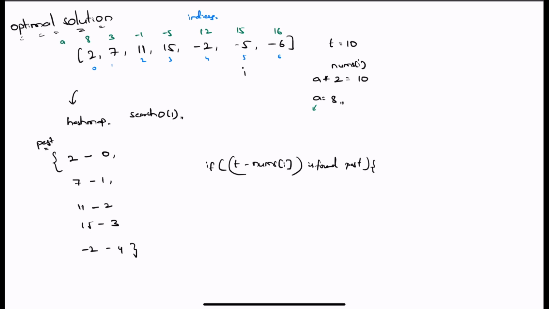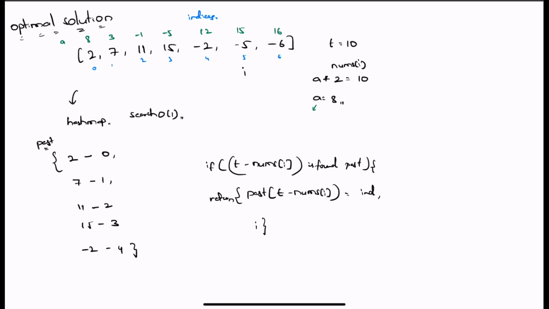Eventually we get the past data indices itself, that is, the index stored for our complement, along with the ith index where you are standing. Returning these values will solve our problem.